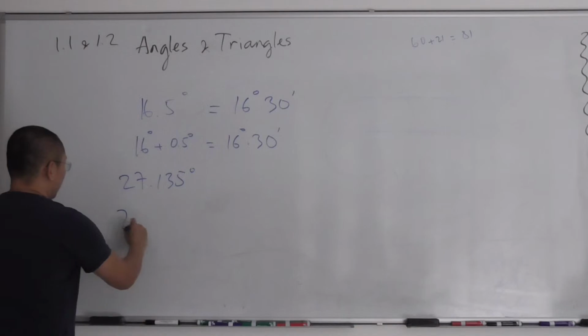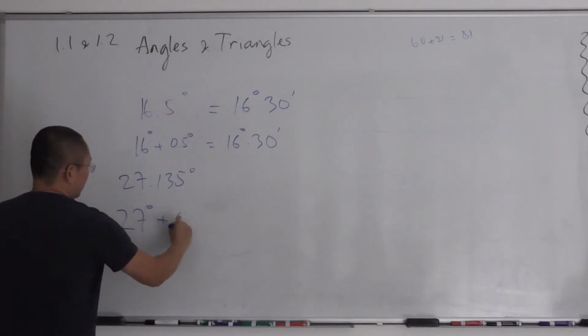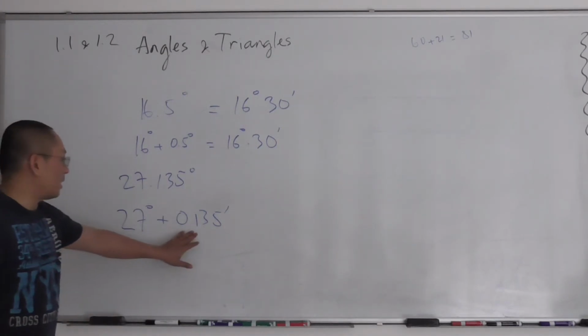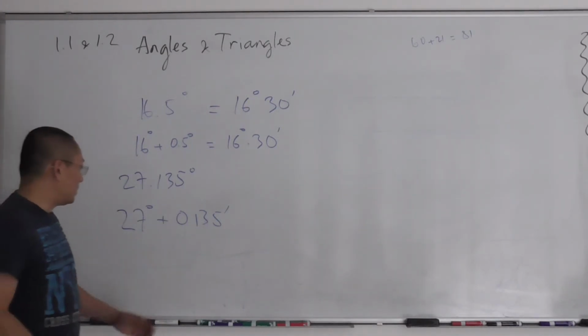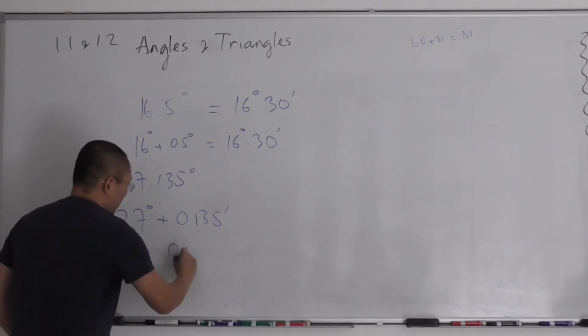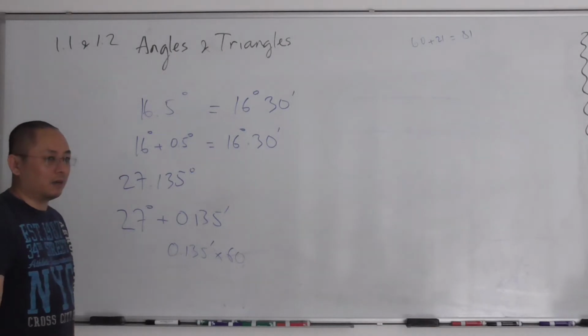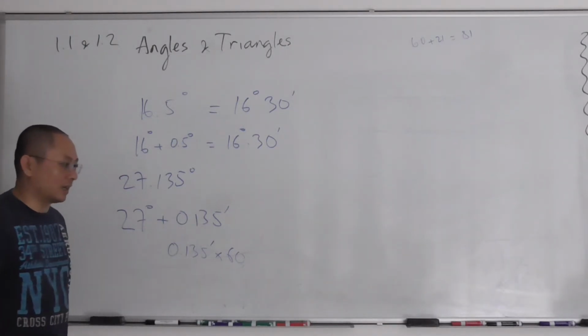This is 27 degrees plus 0.135 degrees. We take 0.135 and multiply by 60, and that's going to give us minutes.